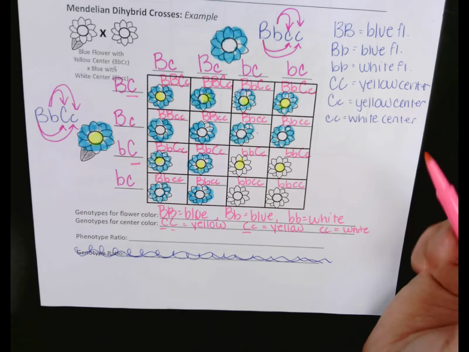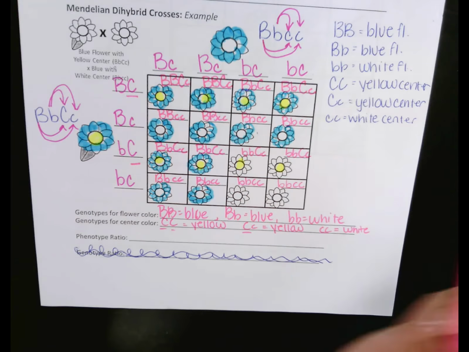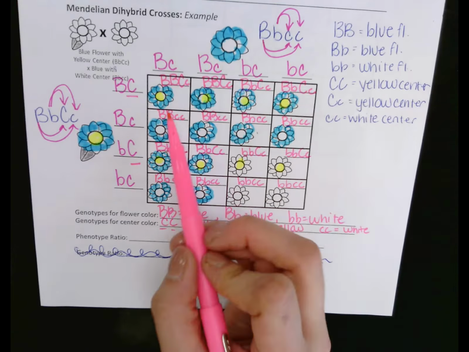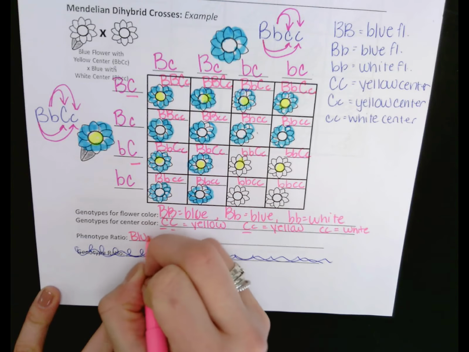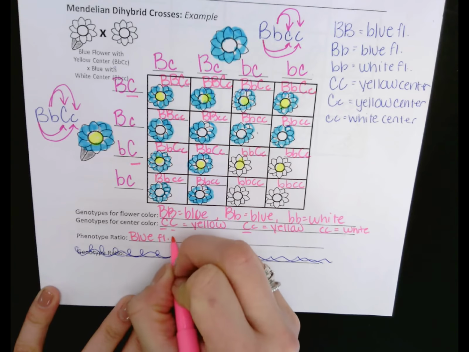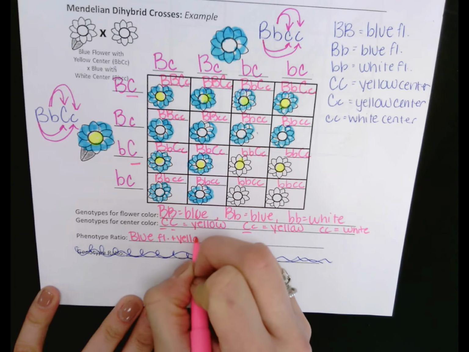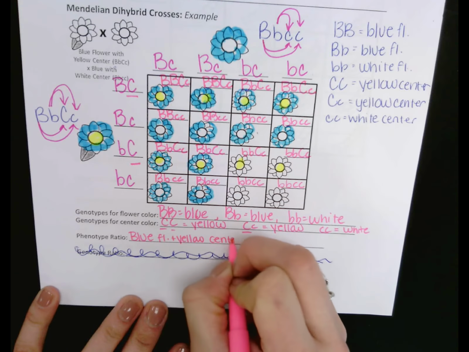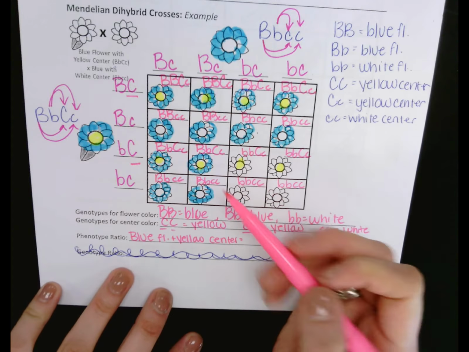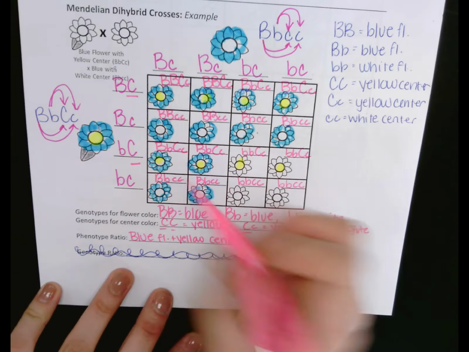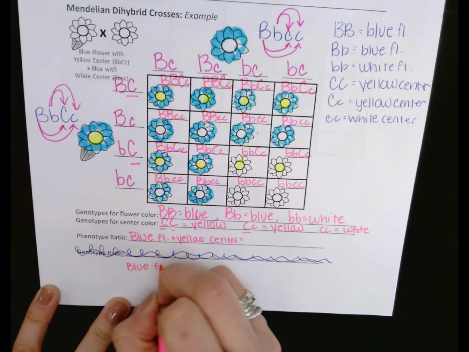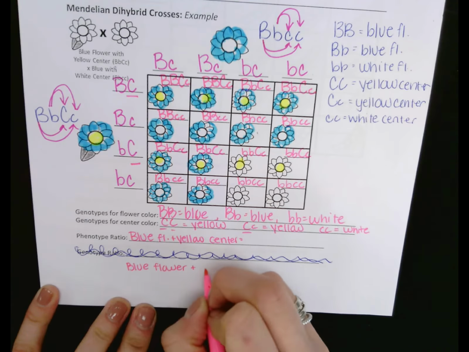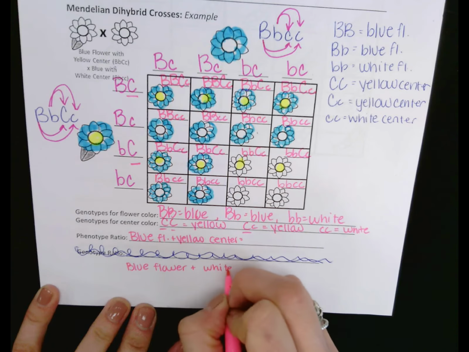So, what we need to do is look at these. What are the combinations that you guys see? Well, I see blue and yellow. Okay, so we know that there could be a blue flower with a yellow center. We know there could be a blue flower with a white center.